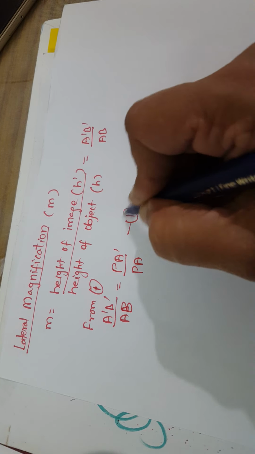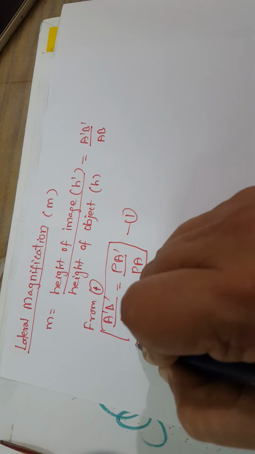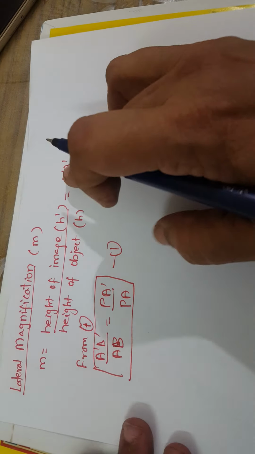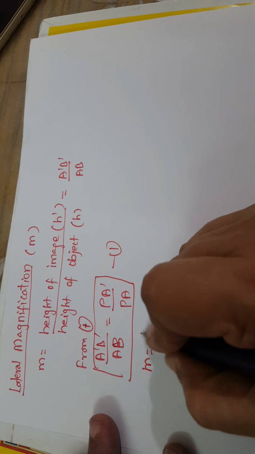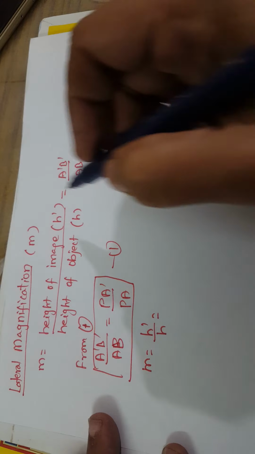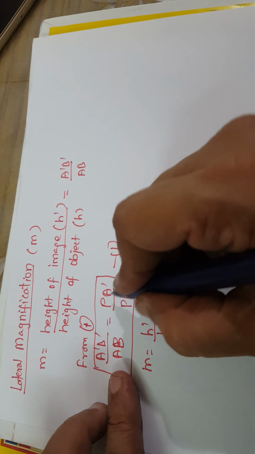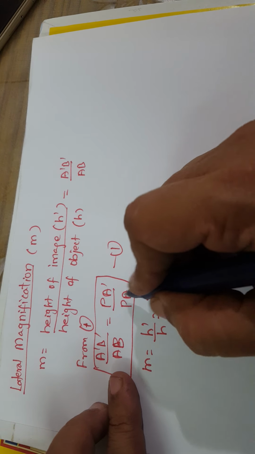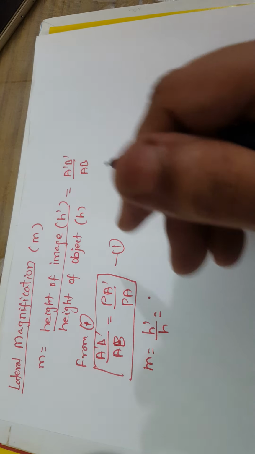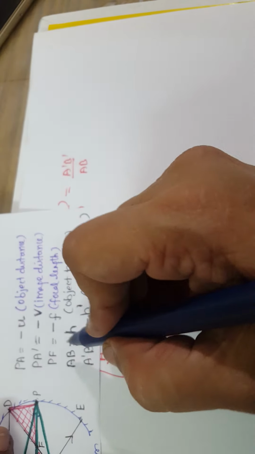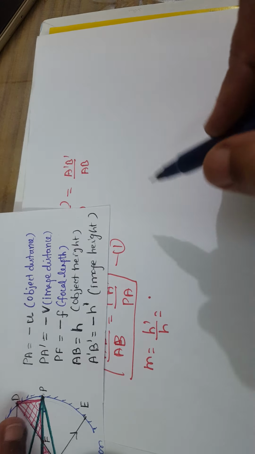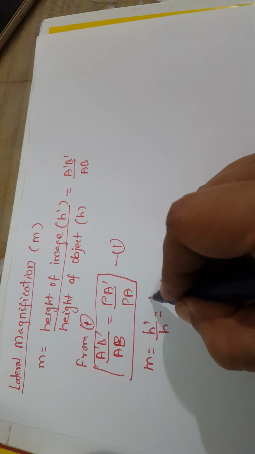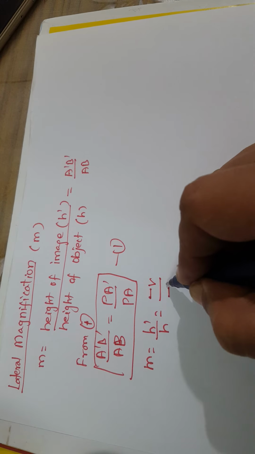This is equation 1. So you can write magnification m as h dash by h is equal to PA dash by PA. What is PA dash, children? PA dash is nothing but minus v. PA is minus u, right? So you can write PA dash is minus v and this is minus u.